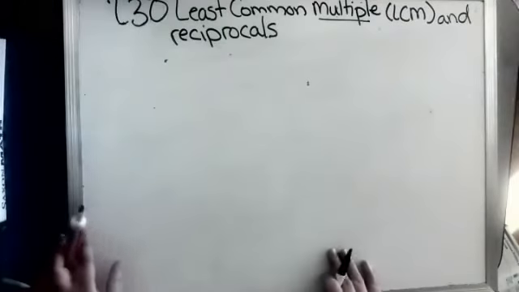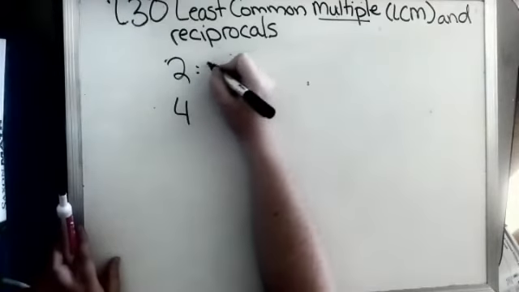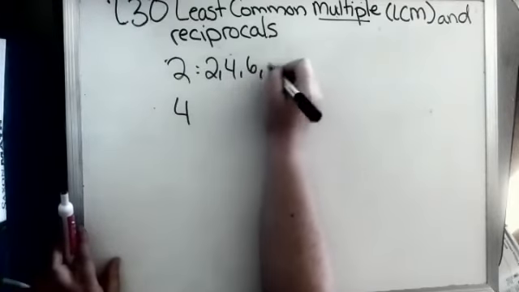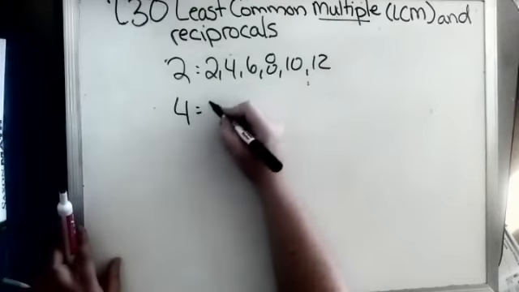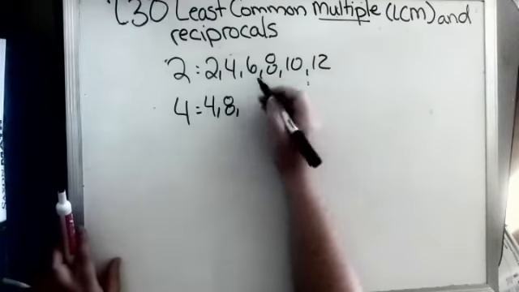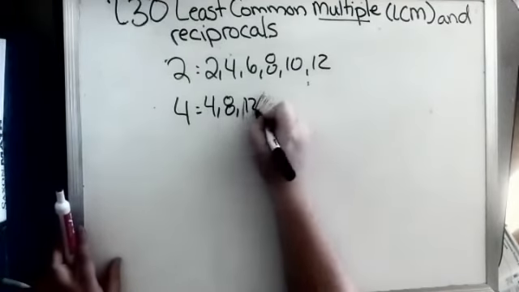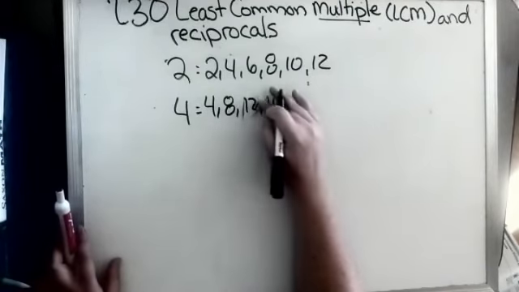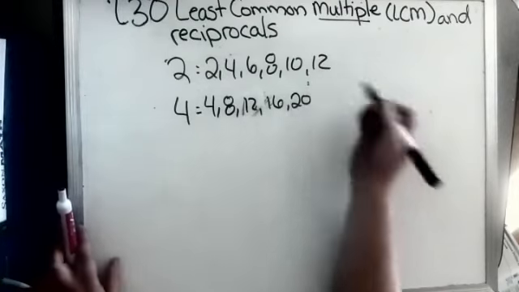Let's look at the least common multiple of 2 and 4. Now, 2's we've already done: 2, 4, 6, 8, 10, 12. And 4's are 4, 8, 12, 16, 20, on and on.